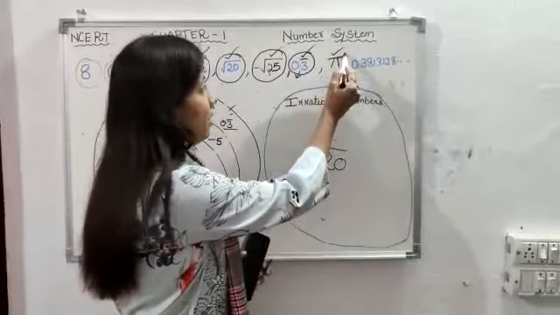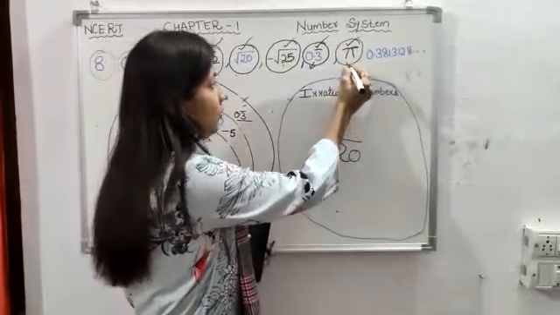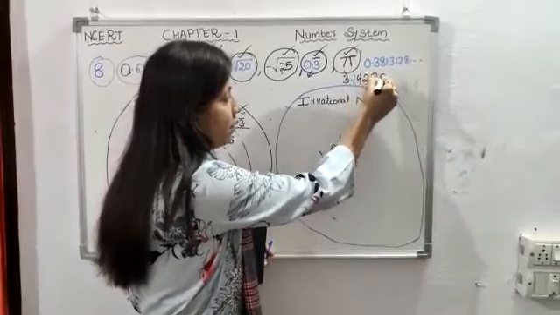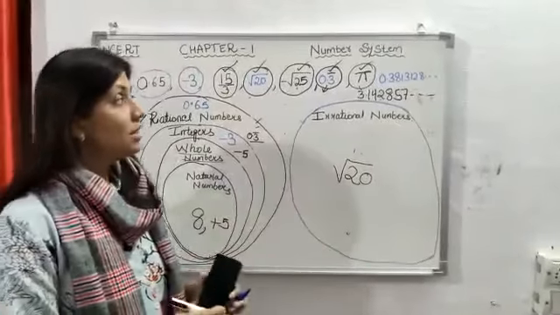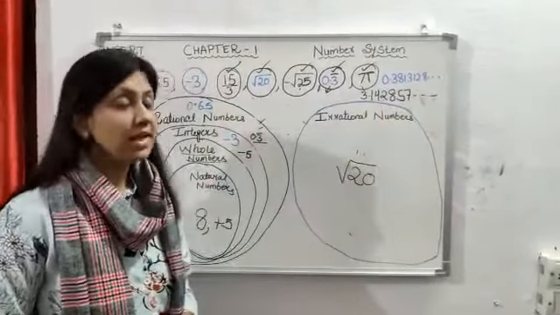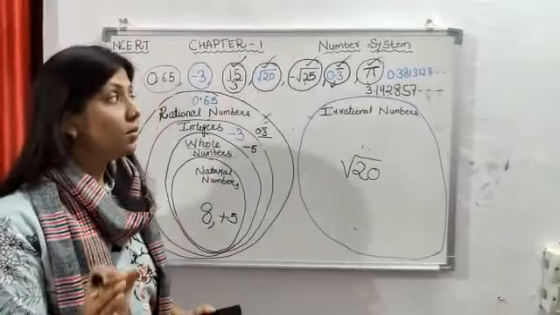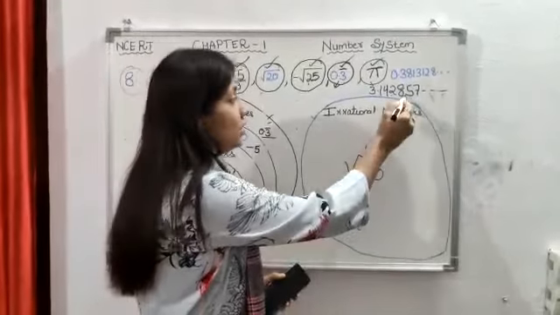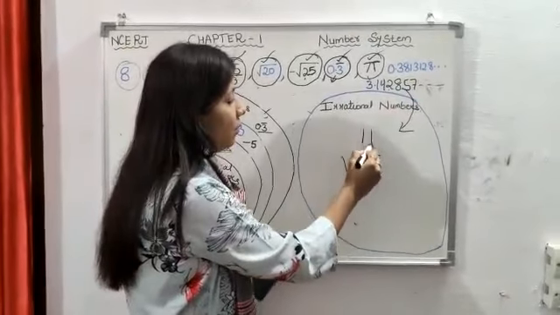My next number is pi. You know what the value of pi is? It is 3.14285 and it goes on forever and ever. This type of decimal representation is non-repeating as well as non-terminating, so it comes under irrational numbers.